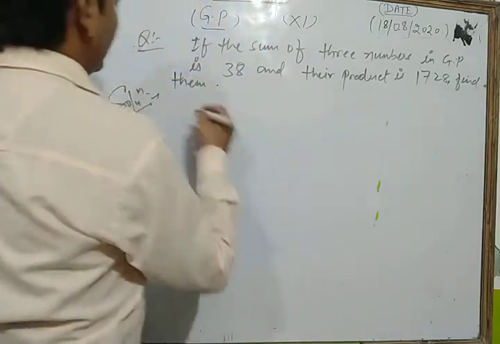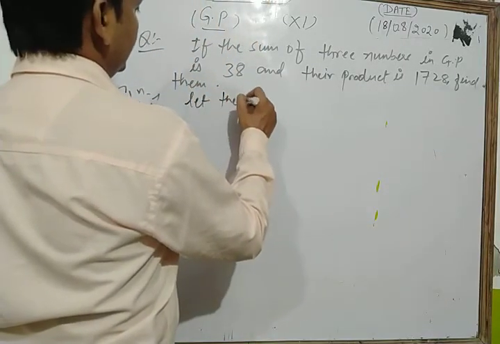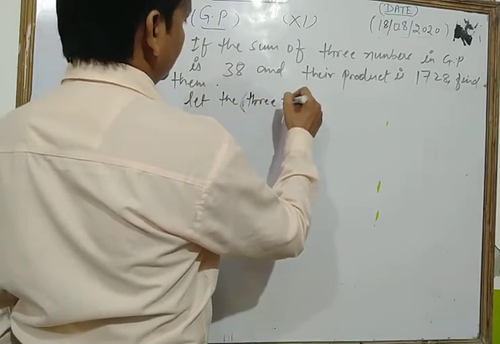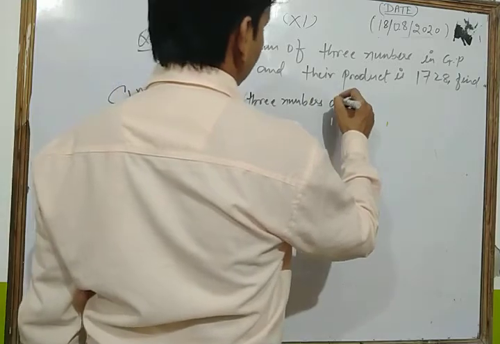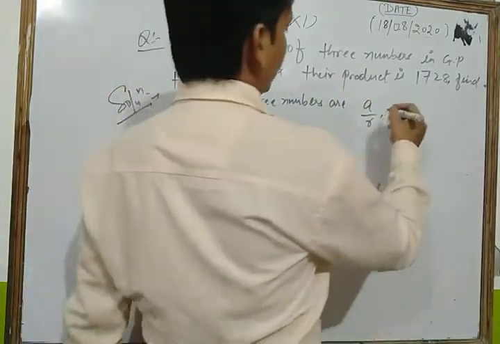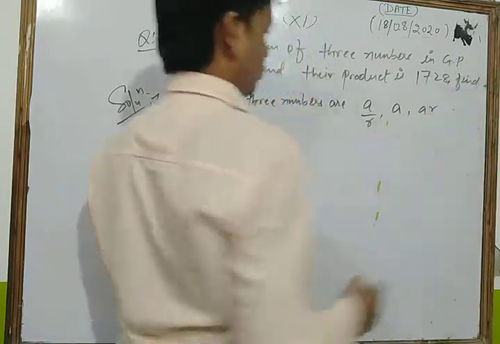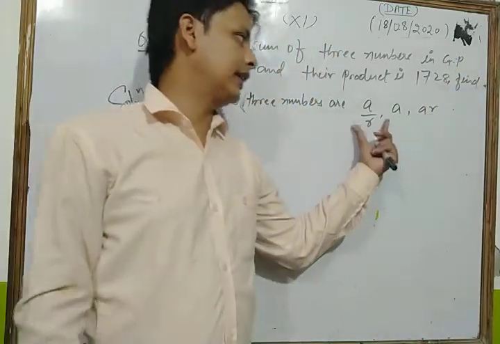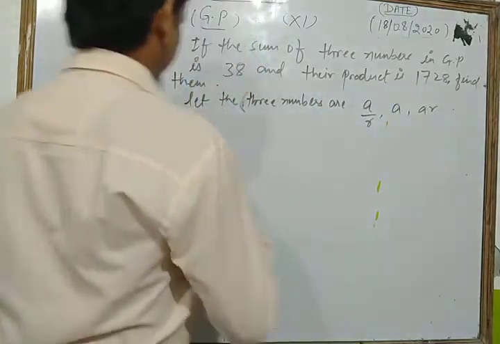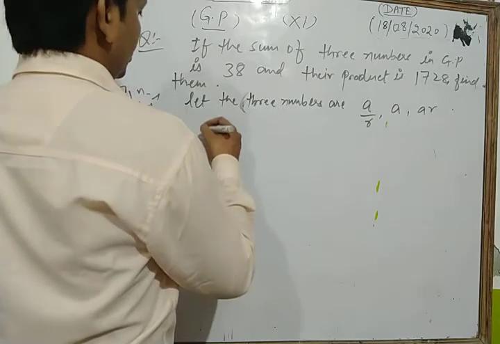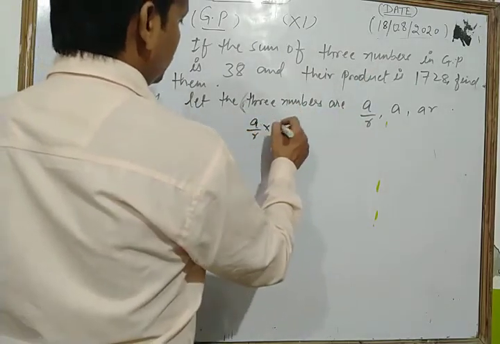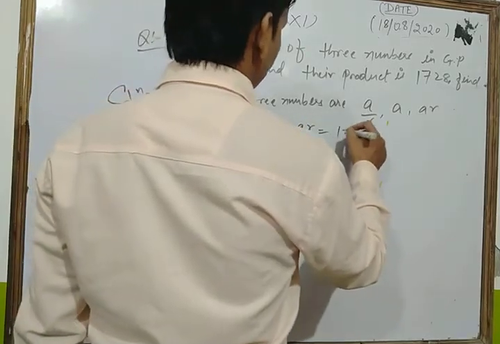First of all, let the three numbers be a upon r, a and ar. Now according to the statement their product is 1728, which means a upon r into a into ar is 1728.